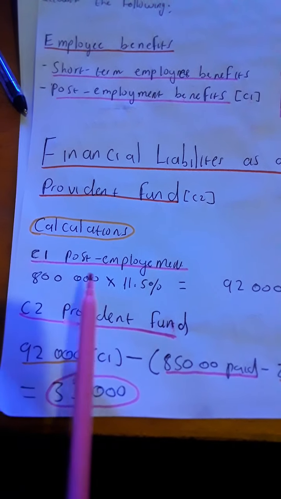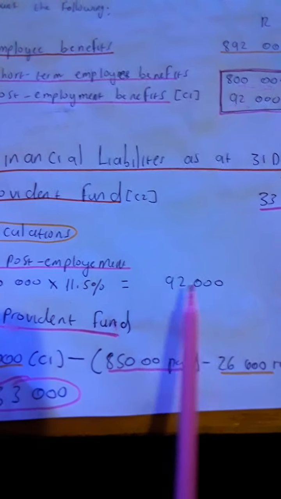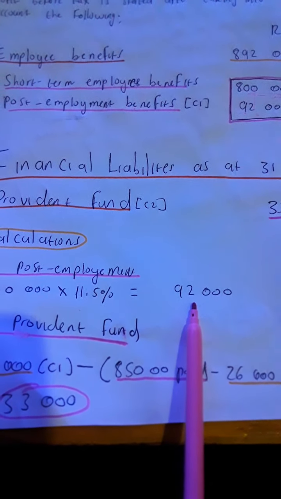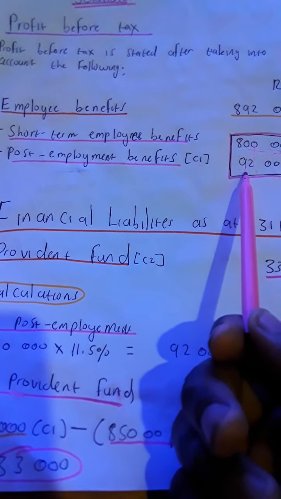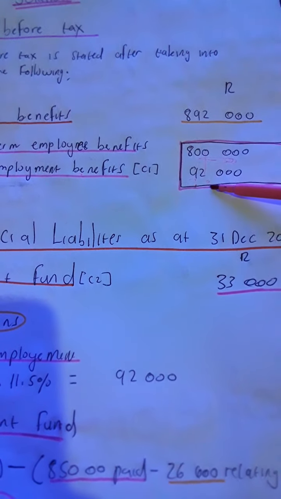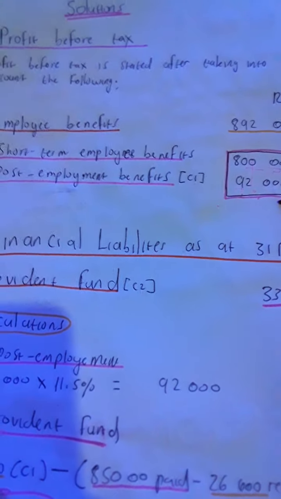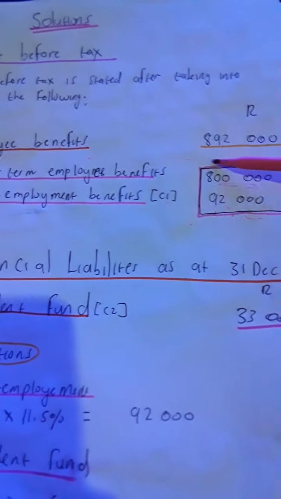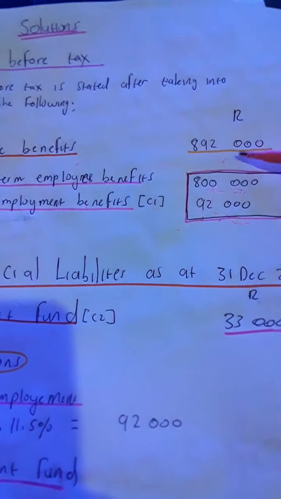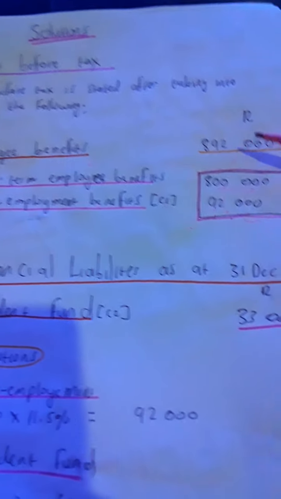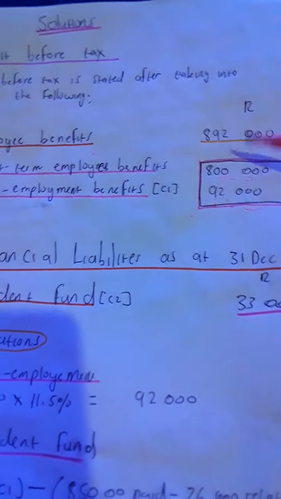So 800,000 multiplied by 11.5% gives us the 92,000, because this is our post-employment benefits. So 800,000 plus the 92,000 gives us total employee benefits of 892,000 for the year ended 31 December 2020.